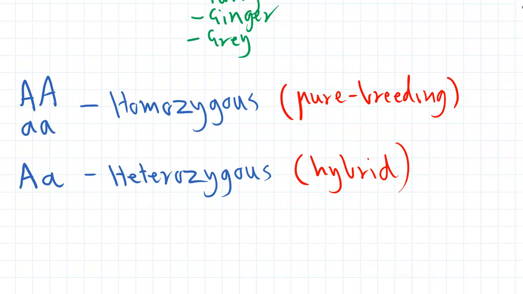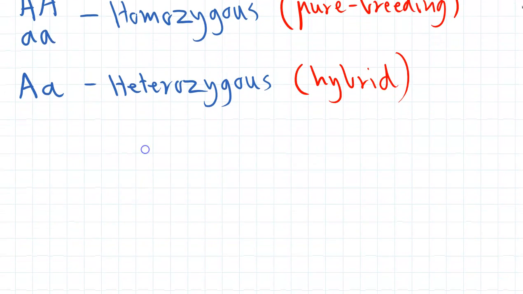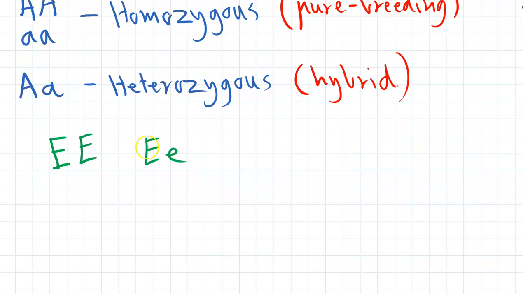Okay, so when we're describing genotypes, scientists use lots of different symbols. Often we just use letters, like in our cat fur example. So we generally choose letters that are relevant to that trait that we're looking at. So if we're looking at eye colour, we might use E as our alleles. So an individual here, this one would be homozygous. This individual would be heterozygous for the eye colour gene because they've got a big E allele and a small E allele.